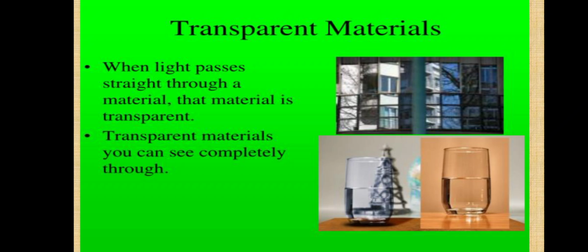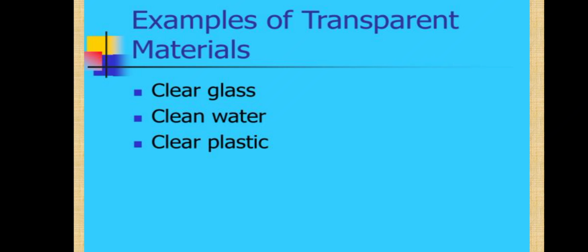Transparent materials: when light passes straight through a material, that material is transparent. With transparent materials you can see completely through. Examples of transparent materials: clear glass, clean water, and clear plastics.